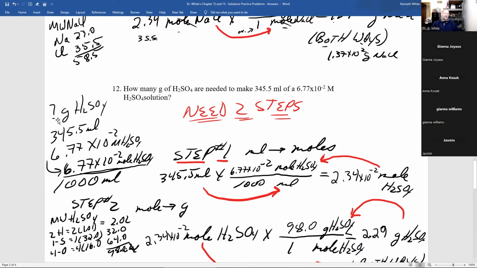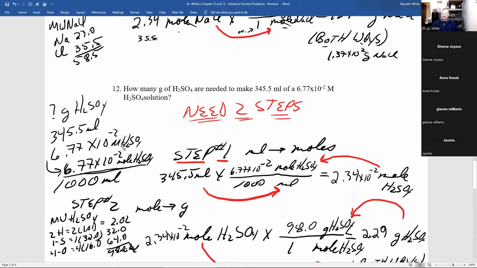And here I show that by question mark, grams H2SO4. What are you given? 345.5 milliliters, and this number 6.77 times 10 to the minus 2 capital M H2SO4.